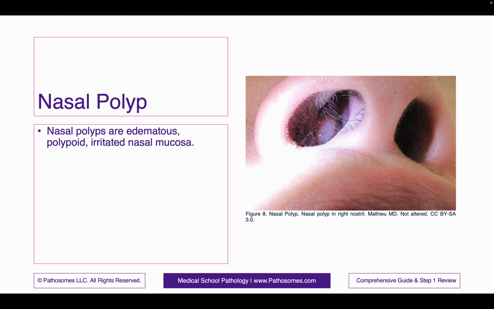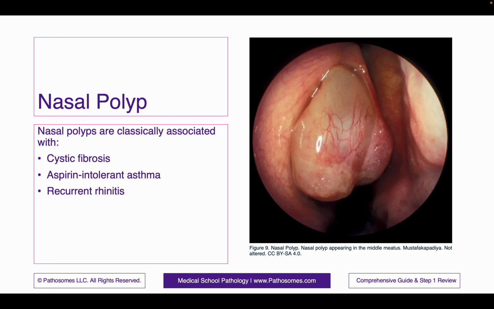I don't want to torture you with this, but remember that nasal polyps are edematous, polypoid, and can be irritated in the nasal mucosa. Nasal polyps are classically associated with cystic fibrosis, aspirin-intolerant asthma, and recurrent rhinitis.